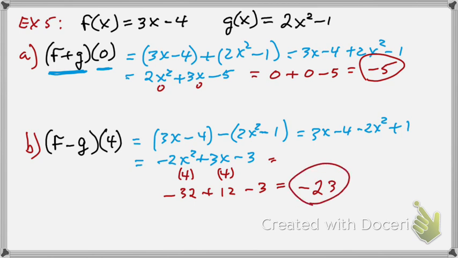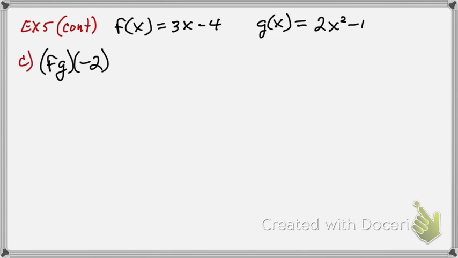Minus 35 plus 12. Notice something else. The order matters here because we're subtracting. If this were G minus F, it'd be totally different. Note to self. Okay, add, subtract, let's do a multiply.